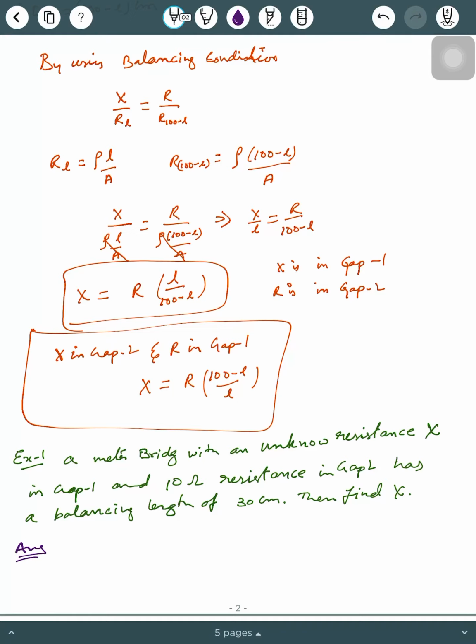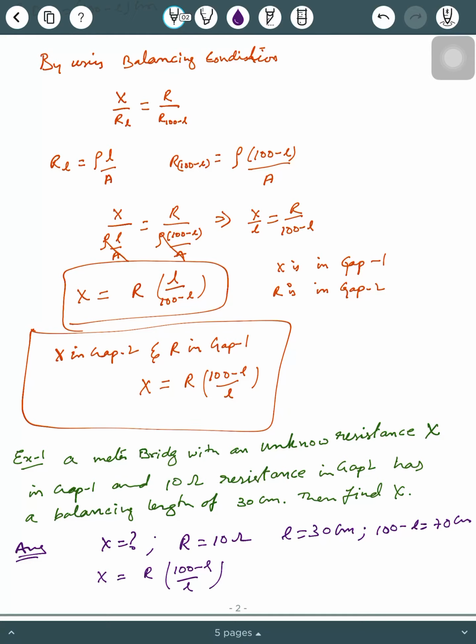Here X is unknown for us, R is equal to 10 ohms and L is equal to 30 centimeters. So, 100 minus L will be equal to how much? 70 centimeters. If I use my formula, X is equal to R times (100 minus L) by L. Children, better write the formula in examinations, even if it is the simplest question.